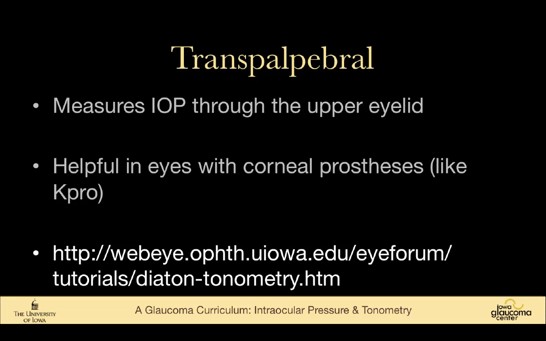One of our residents, Justin Risma, has a really good tutorial on Eye Rounds on how to use the Diaton. So if it's actually used correctly, it's fairly accurate at giving an approximation of the intraocular pressure. And that's beyond the scope of this talk, but if one goes to Eye Rounds and Diaton, Justin will explain how to use it.